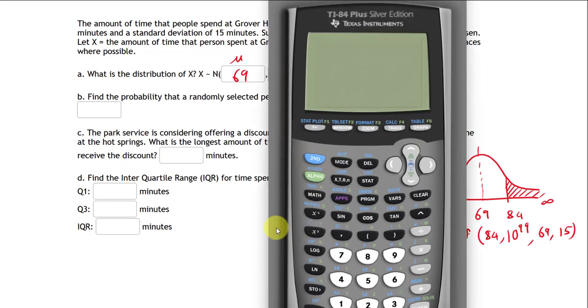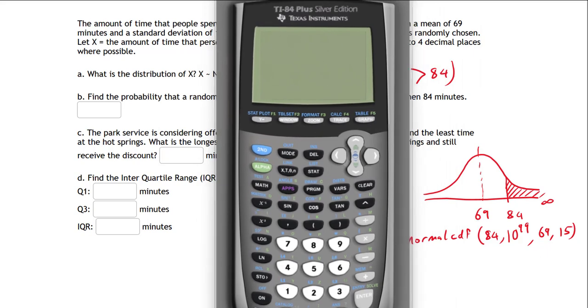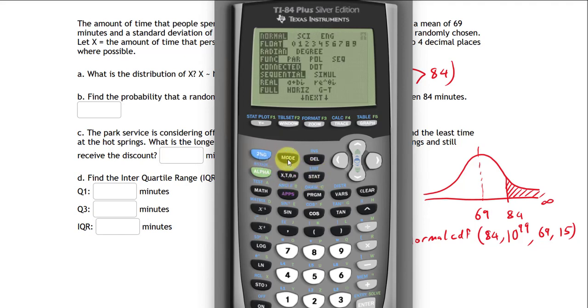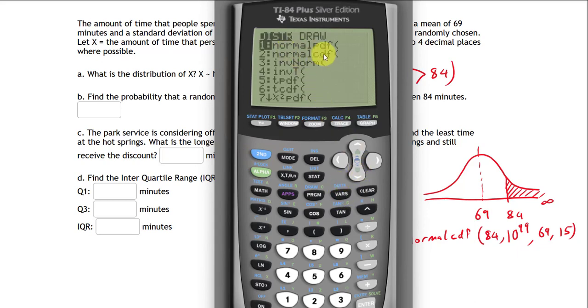All right, now I can do that here. So we can open the TI-84. Click on stat, and actually, not quite. You should quit here. We're going to use the distribution instead. So second var to get to the distribution, and this is the normal distribution. So normal CDF, which finds the area under the curve.